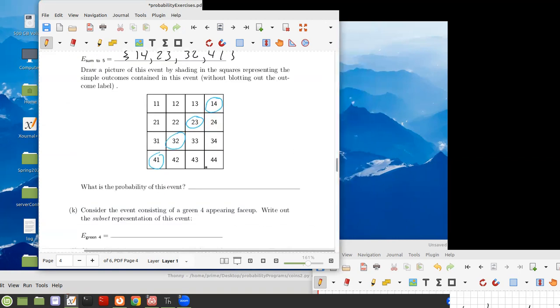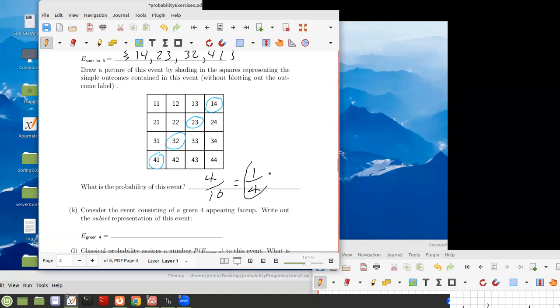And the probability of this event is 1/4, because it's going to be 4, the number of these, over 16. When you reduce that, it's going to be 1/4. There's two ways to quote this.